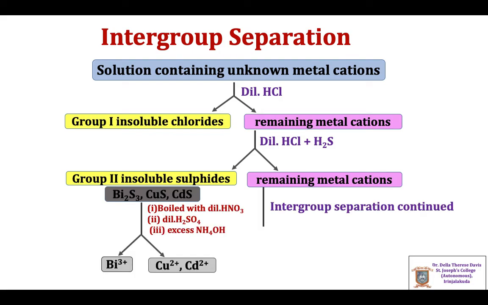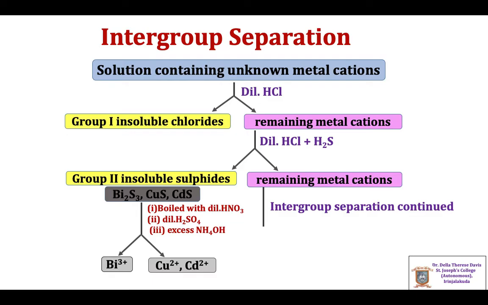For this, the precipitate is boiled with dilute HNO3, then dilute sulfuric acid is added and treated with excess of ammonium hydroxide. By doing all these reactions, if bismuth is present, bismuth will precipitate, and if copper or cadmium is present, that will remain in the solution. And thus the separation of group 2 cations is done using these reagents.